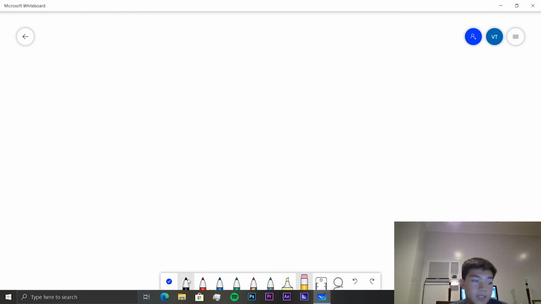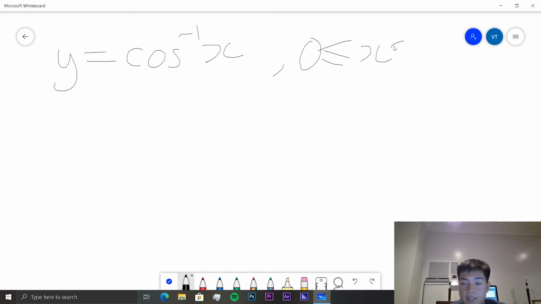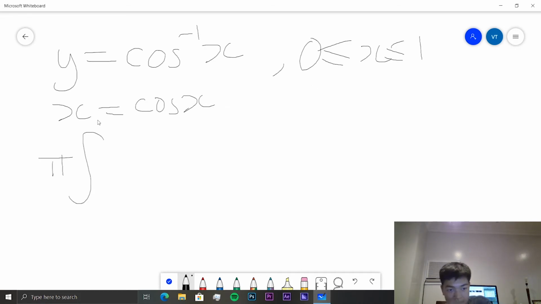Find the volume of a solid that is obtained by rotating the curve y is equal to arc cosine x, 0 is less than x is less than 1, through 2 pi radians about the y-axis. Okay. So, in other words, we need to rotate the curve x is equal to cosine y around the y-axis between 0 and 1, which is simply the integral of pi times x squared.